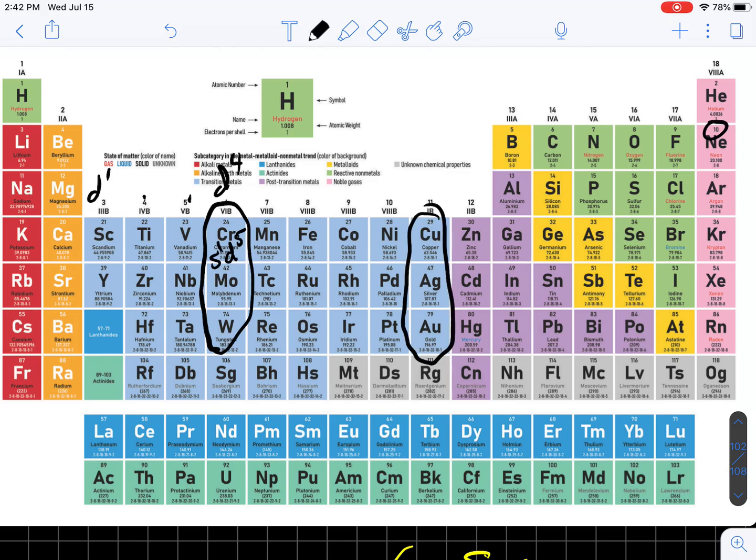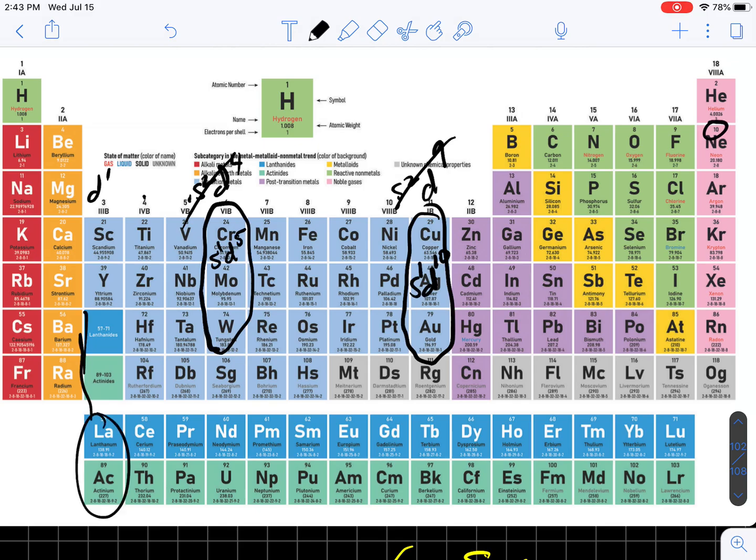And the other 3 you have to worry about is copper, silver, and gold that are in the d9 column. There is no d9. It just does s1, d10. So again, instead of doing s2, d4, that doesn't happen. We get s1, d5. And instead of doing s2, d9 in column 11, instead what we get is s1, d10. So there's only 6 elements you have to worry about.